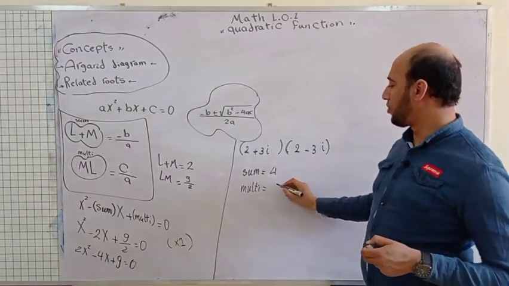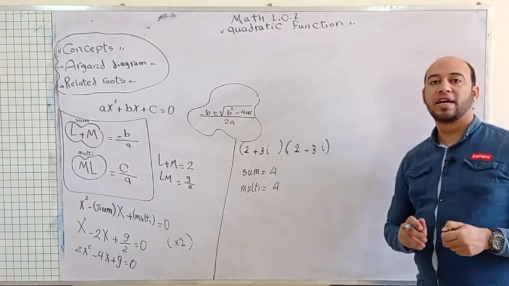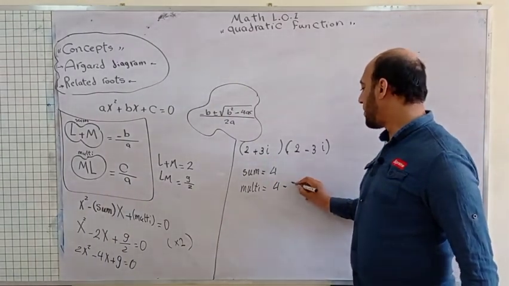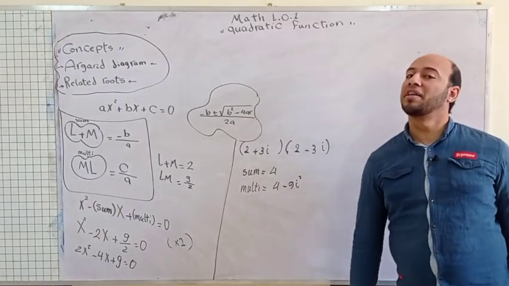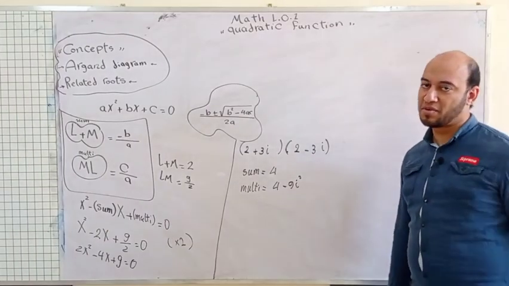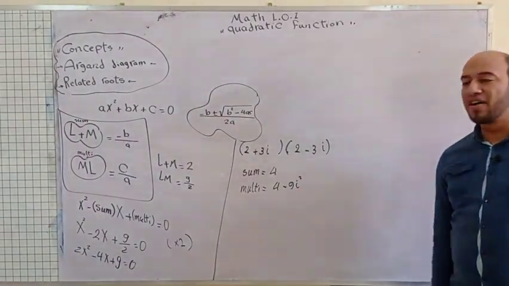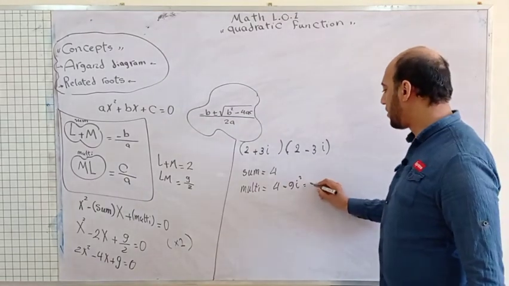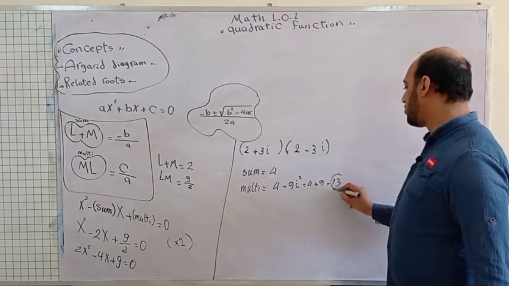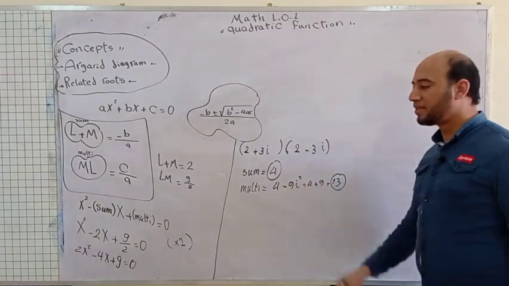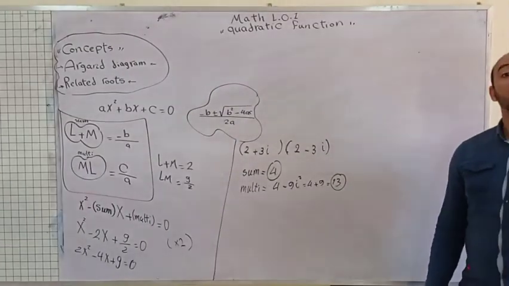2 times 2 equals 4. Positive 3i times minus 3i equals minus 9i squared, and i squared equals minus 1, as we explained in the previous session. Then this value will be positive 9. Then 4 plus 9 equals 13. So the sum is 4 and the multiplication equals 13.